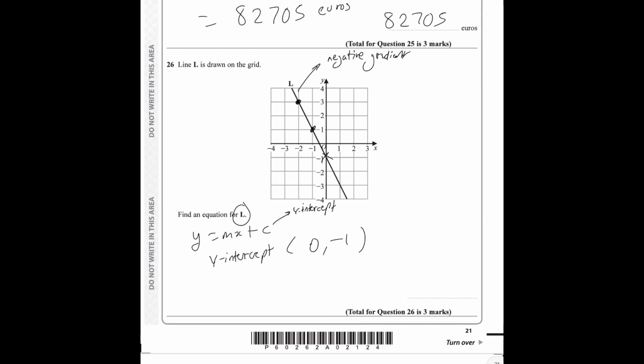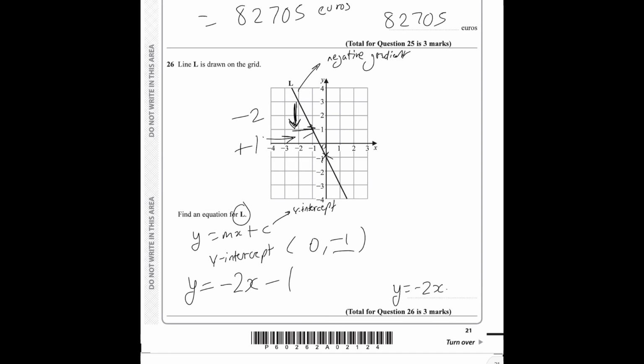Now we have to find out the gradient. For gradient, you just pick any 2 points here. We know that the rise is 2 squares and the run is 1 square. It's not a rise up, it is sloping downward, so it goes down by 2 and turns right by 1, giving a gradient of -2.